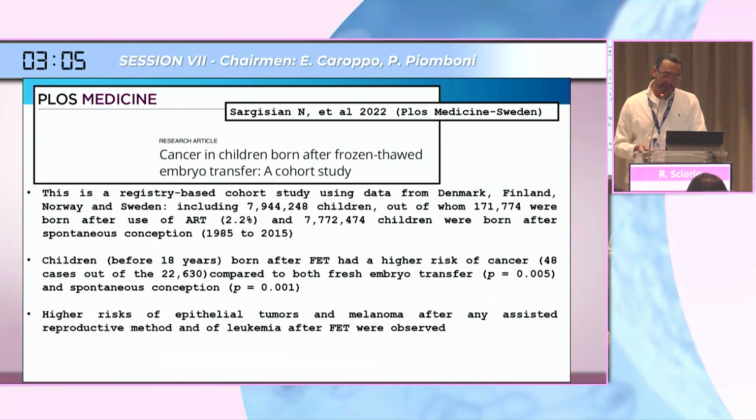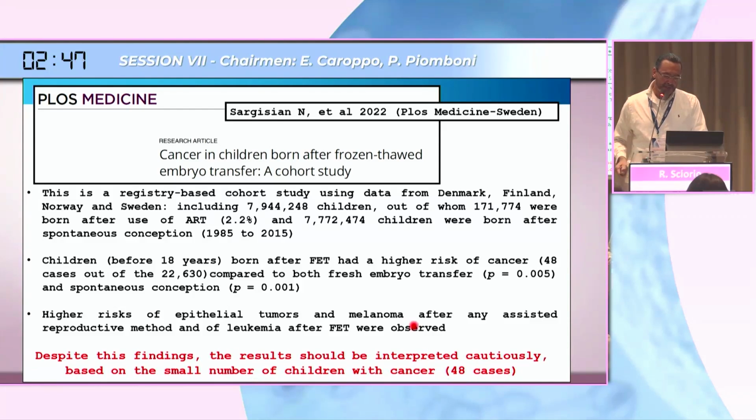This paper, I don't want to create an alarm. This is a paper published recently analyzing the registry from Denmark and Finland, and they found an increase in leukemia in babies born after frozen embryo transfer. There are only 48 cases, and the authors conclude that this data should be considered with caution.